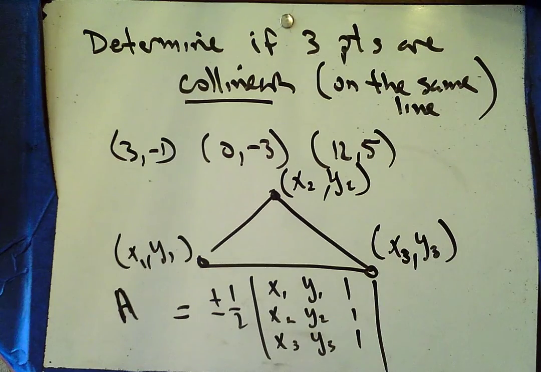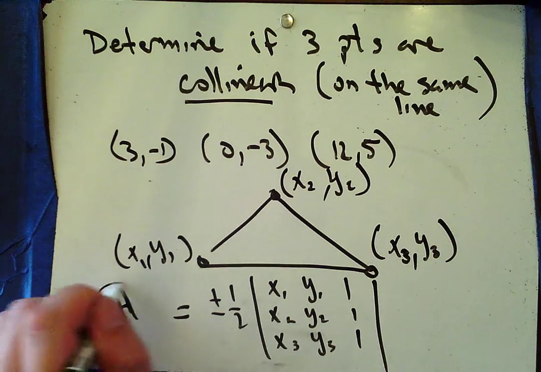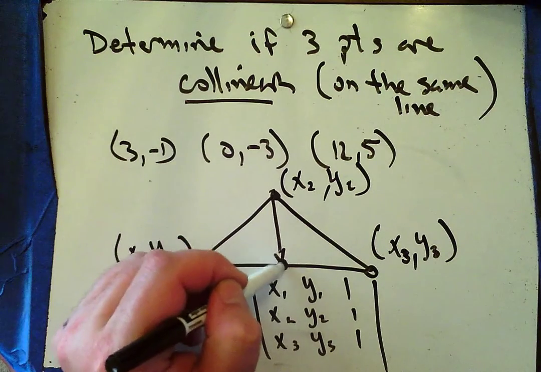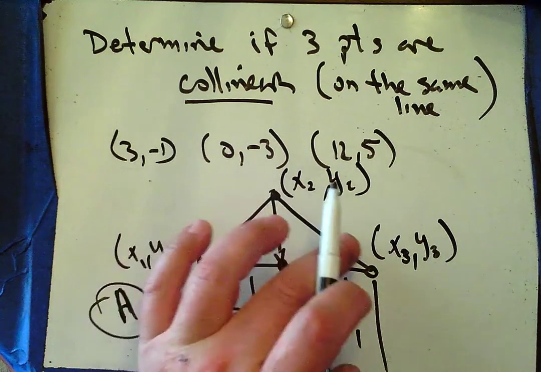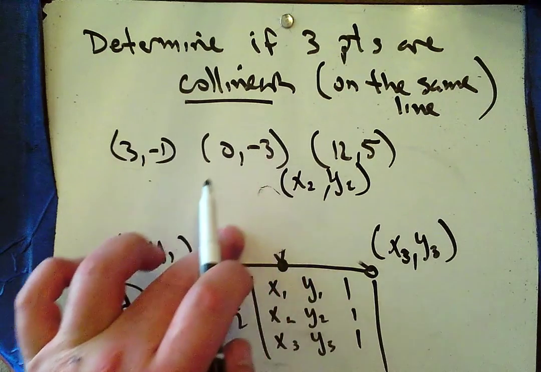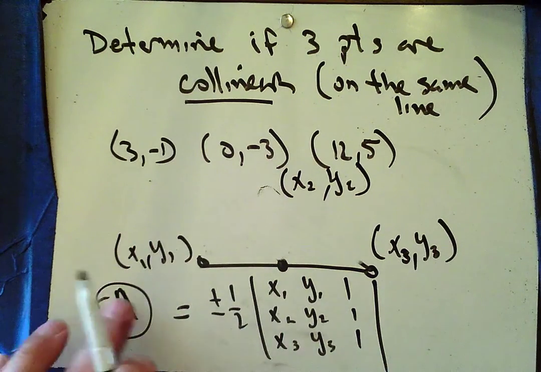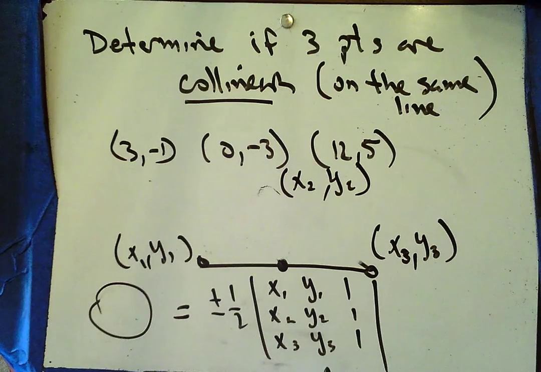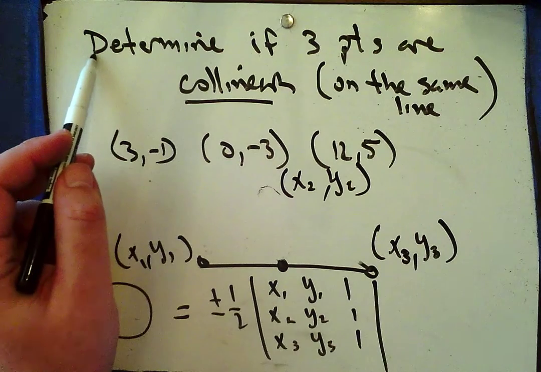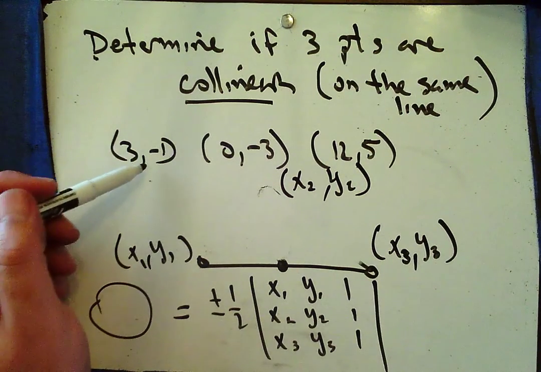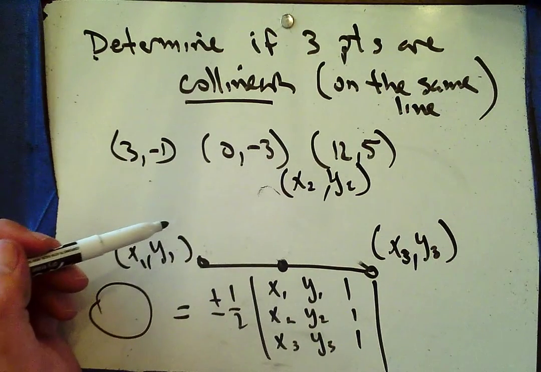Well, tell me what happens to the area if I move this point to here. What kind of a triangle do I now have? Well, I have a triangle whose area is 0. So the way we're going to determine if 3 points are collinear is just by determining the area of the triangle with those 3 points.